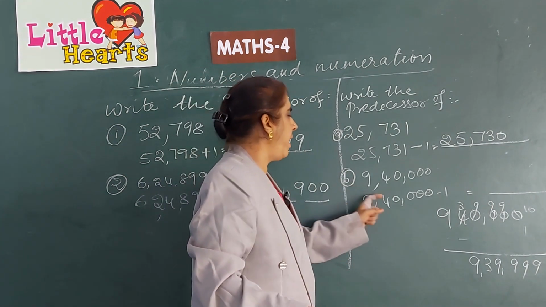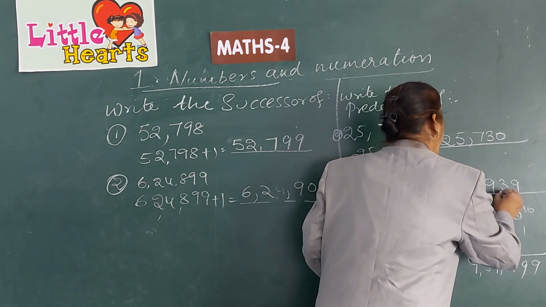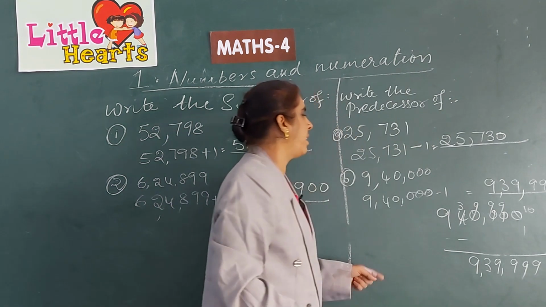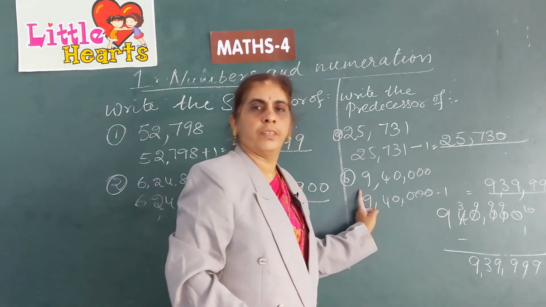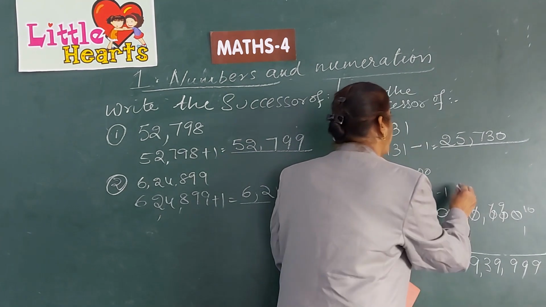So 9,40,000 minus 1 is 9,39,999. That is the predecessor of this number, 9,40,000.